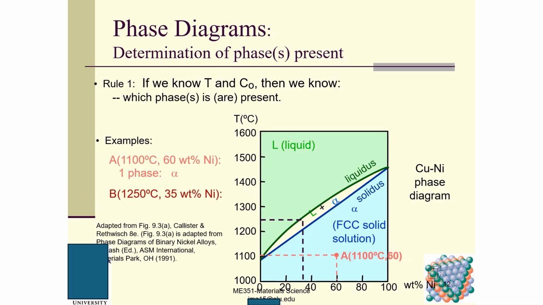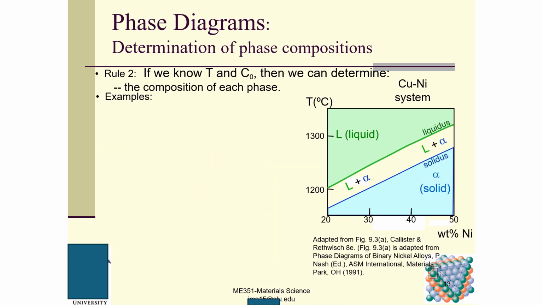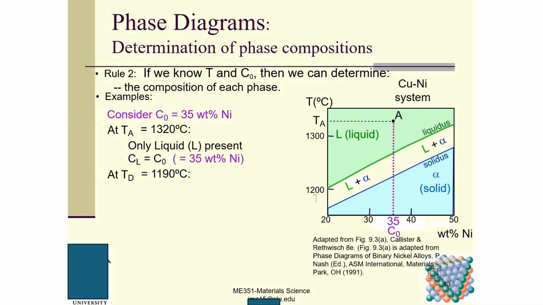Second, point B, 1250 degrees C with 35% nickel, has two phases, L plus alpha, liquid plus solid. And rule 2: if we know T and C0, then we can determine the composition of each phase. We can calculate the composition of the phase.